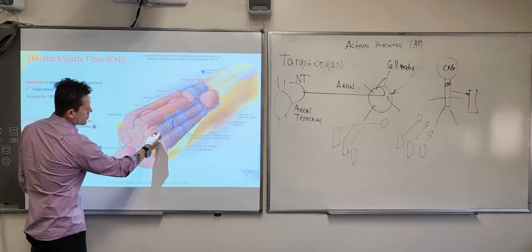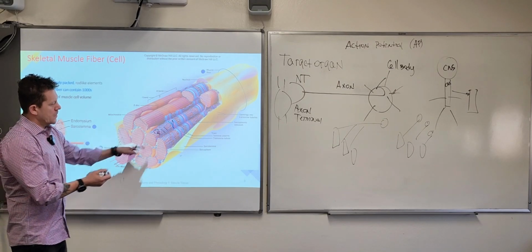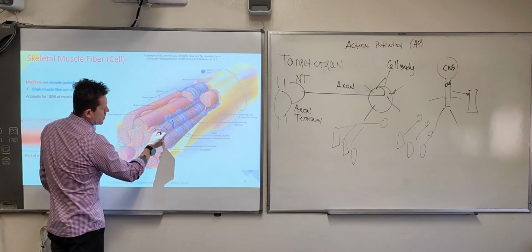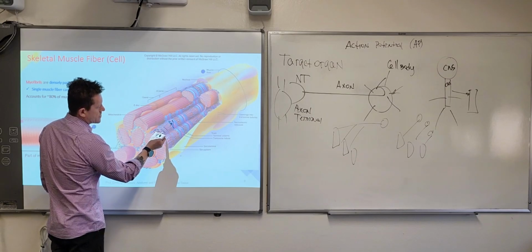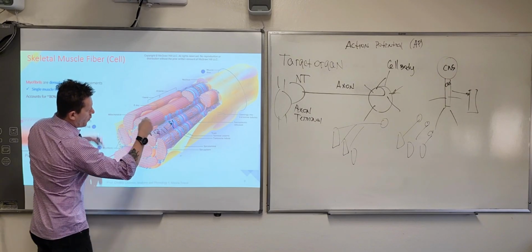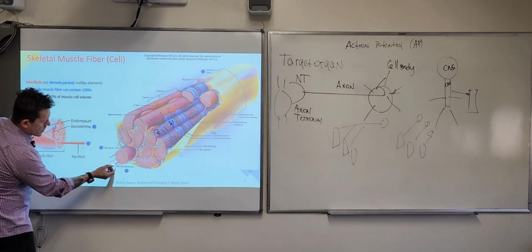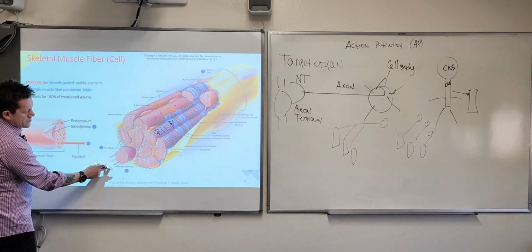Within the sarcoplasmic reticulum, we keep calcium. Then the calcium will be pumped into cisterns. From the cisterns, calcium will flow inside to get towards myofilaments.